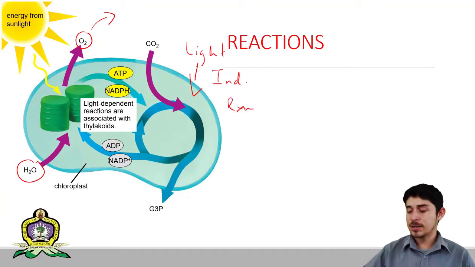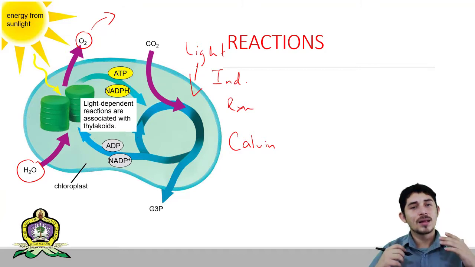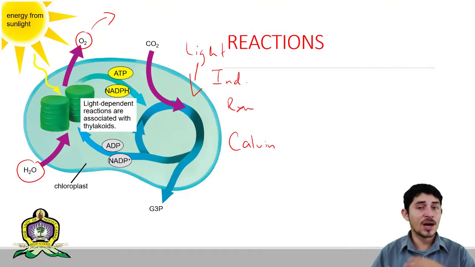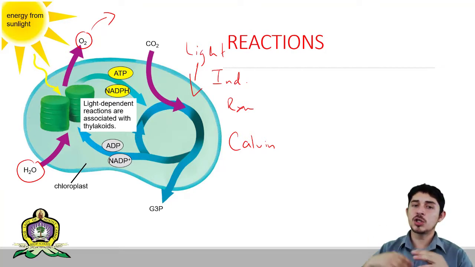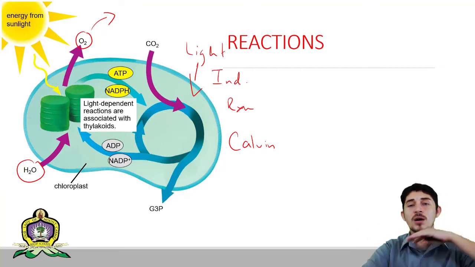And that one is also known as the Calvin cycle. We will not go into the details, but what I want you to see here is that it is in the thylakoid that water is being broken down to make the oxygen and the hydrogen free. But it is in the stroma, which is the liquid component, that the rest of the reaction is going on.